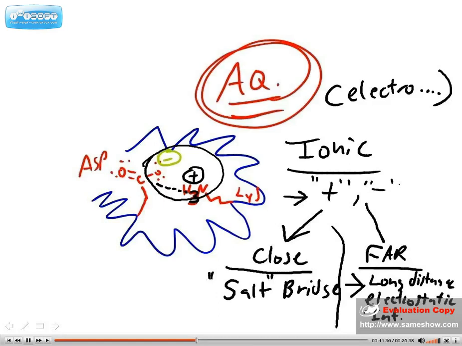These long-distance electrostatic interactions, you can think of them as these really long tethers where they're attracted to each other, so the tethers or rope help cohesively keep the protein together from long distances.